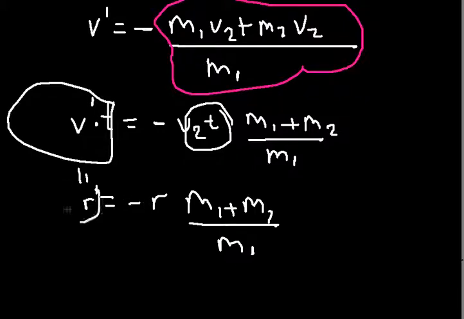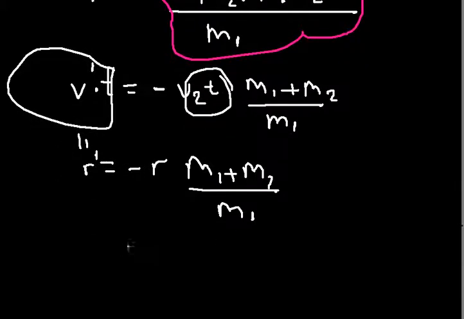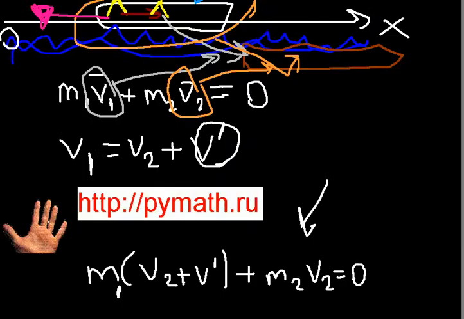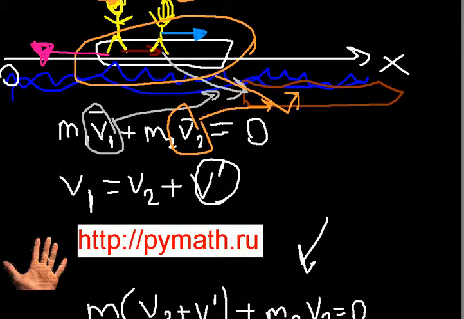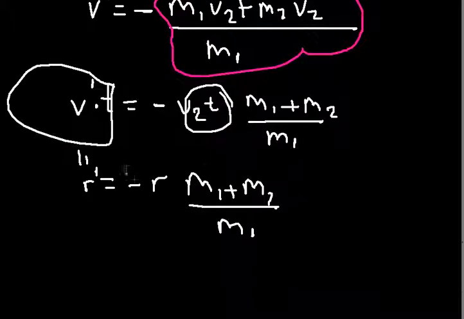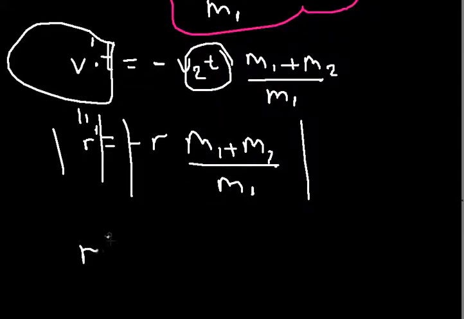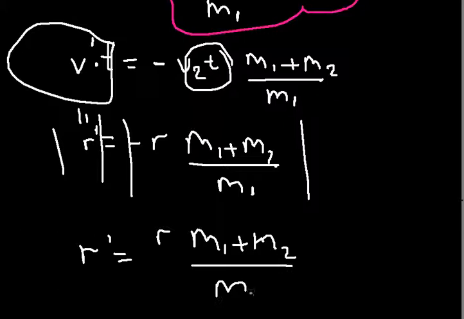This sign of minus means that these vectors are directed in opposite directions, but if we want to calculate the absolute distance, we can take the modulus of these relations, and the final relation is represented as (m1 plus m2) divided by m1.